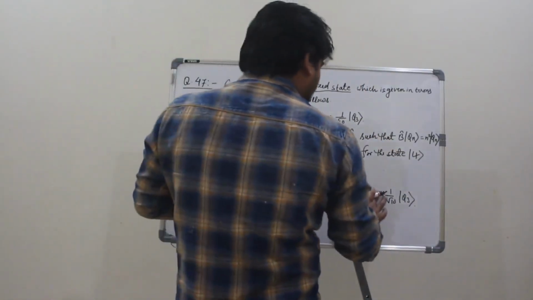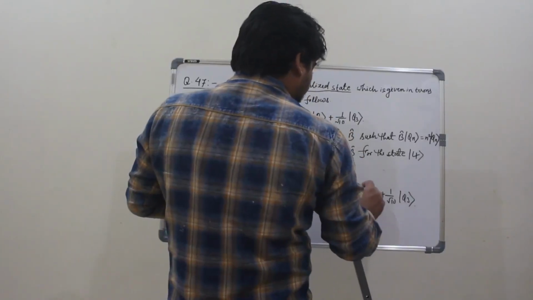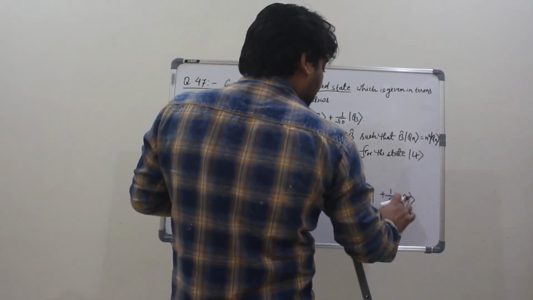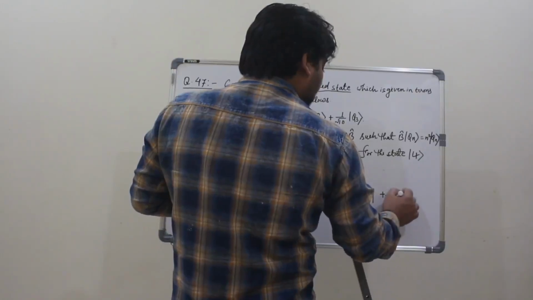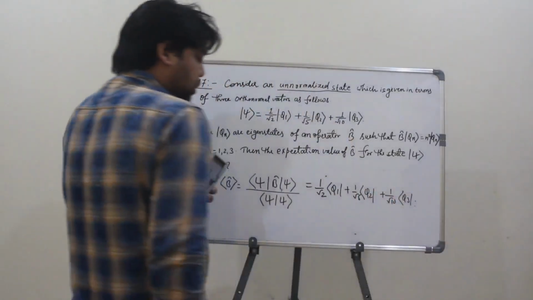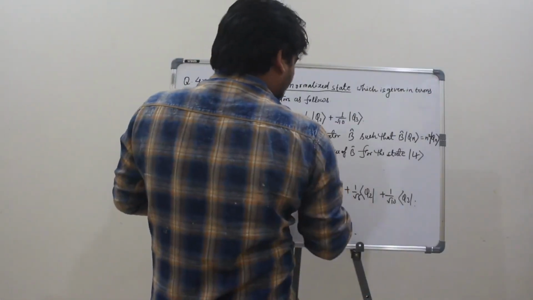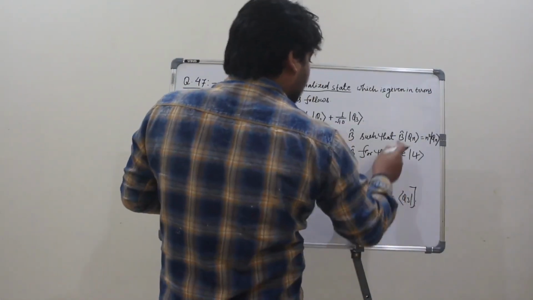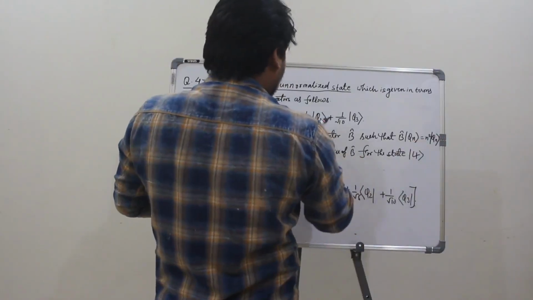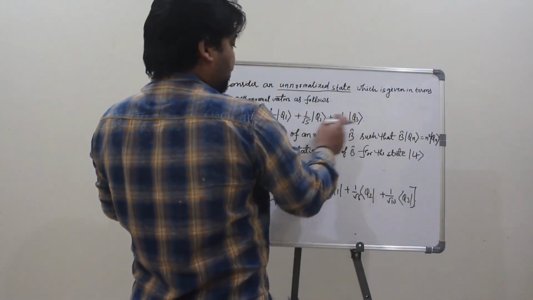Sorry, these are bras, right? You need the bra, as this is the complex conjugate. Then B cap operates on phi n, giving you n squared times phi n.